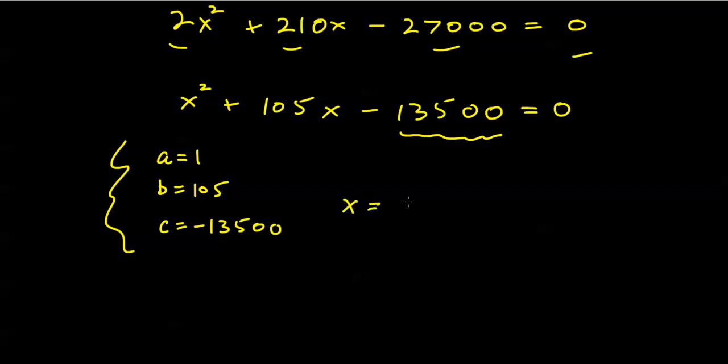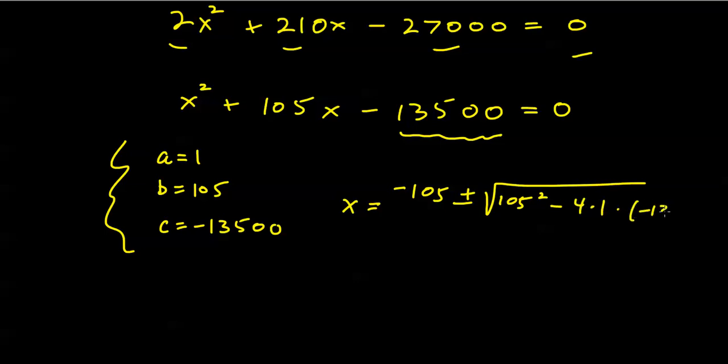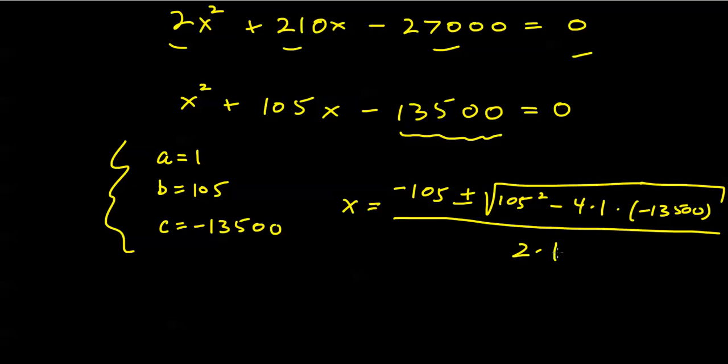So x equals minus b plus or minus the square root of b squared minus 4 times a times c, that old mess, over 2 times a.